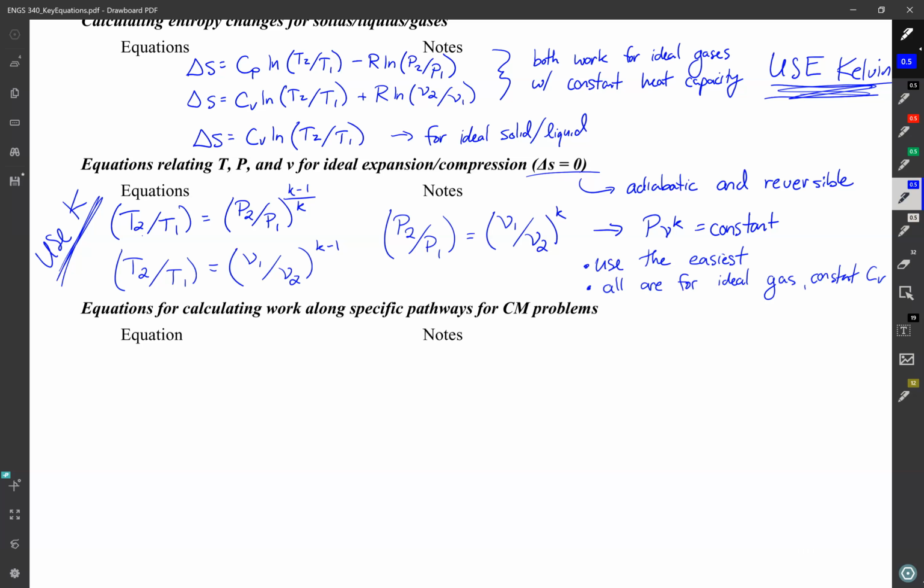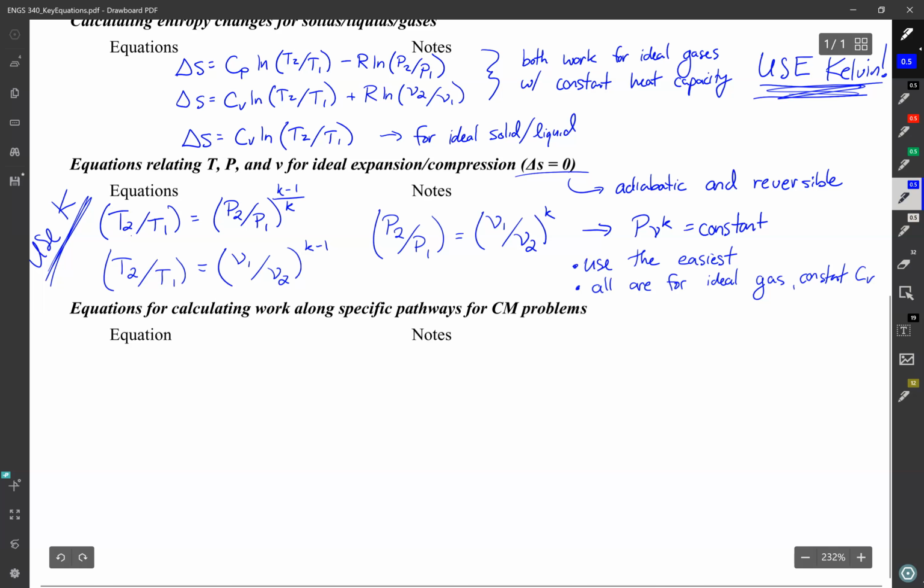There are a couple different equations that we can have for determining work. So we have for a general polytropic process, right? That's one where P V to the N is constant.